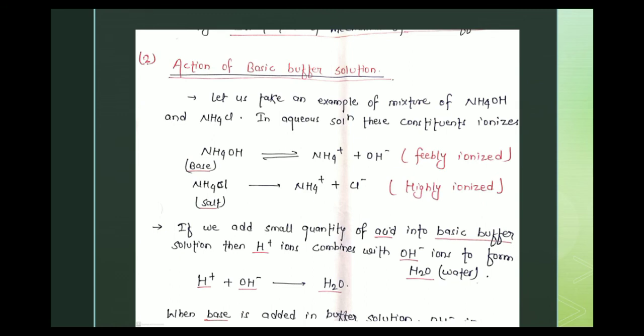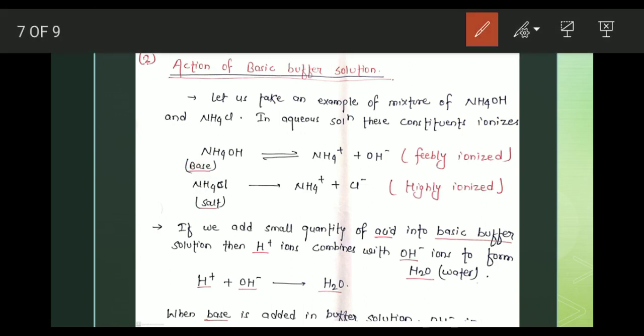In aqueous solution, these constituents ionize as you can see here: NH4OH after dissociation gives NH4 plus and OH minus. It is feebly ionized, a reversible reaction here, and this salt again forms NH4 plus and Cl minus, that is highly ionizable.